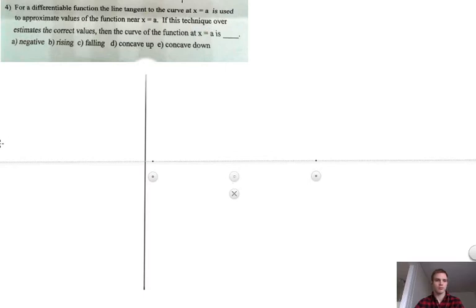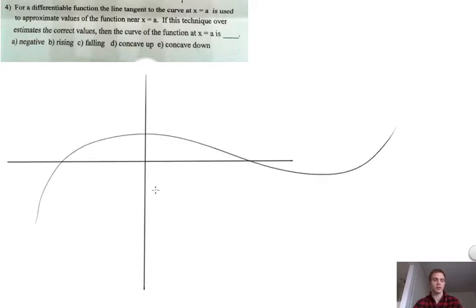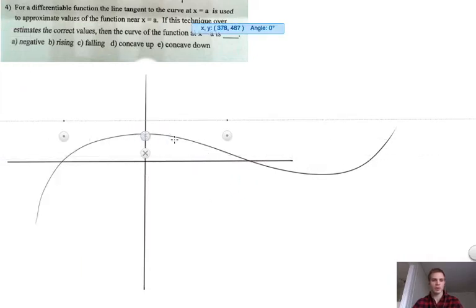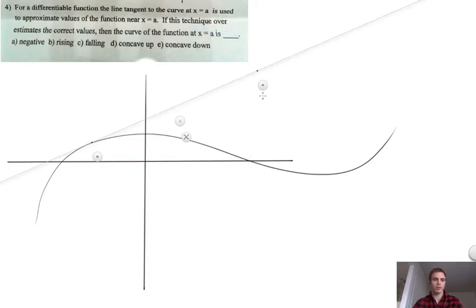Here are some axes, and we have just a generic function here. I don't know what this is. It's a function. And then at some point x equals a, we have a tangent line. That looks approximately tangent.